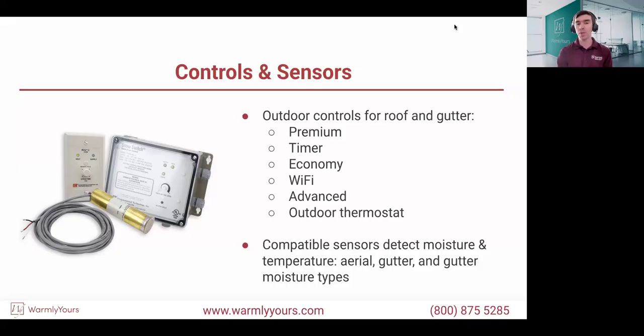The rare times I see people going with a manual Wi-Fi or manual timer control is for a precautionary type system. Maybe it's a smaller system on just one side of the roof where one or two times a year you get some very odd snow event, and snow or ice accumulation is happening in the valley and you want to get that treated.